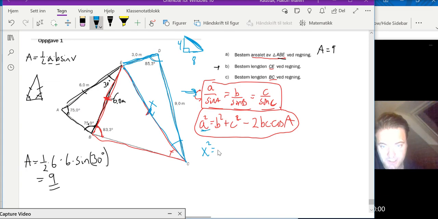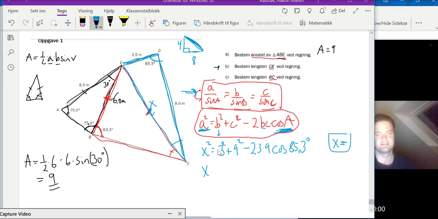And remember on the cosine rule, if I have a side here, on the right hand side I should have the cosine of the opposite angle, which is 85.3. And in the middle here, we have the two other sides, which are 3 and 9, so 3 squared plus 9 squared, minus 2 times 3 times 9. And if we put this into the calculator and press equals, we will get the answer.